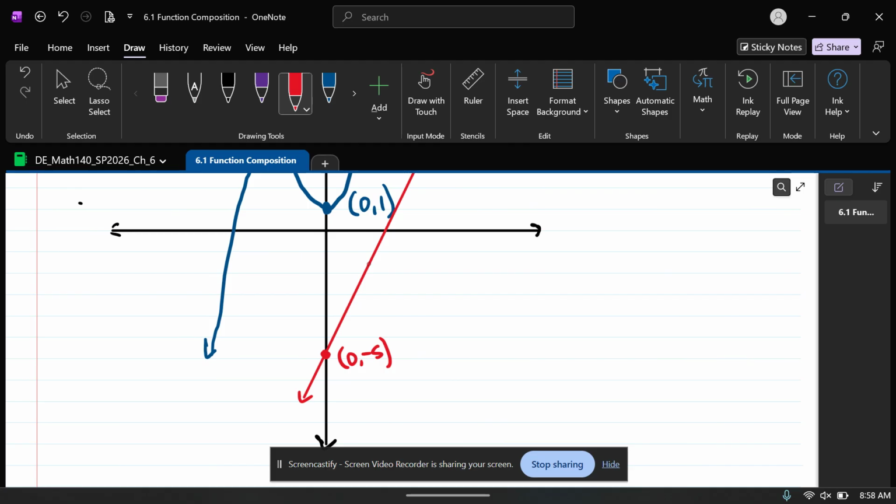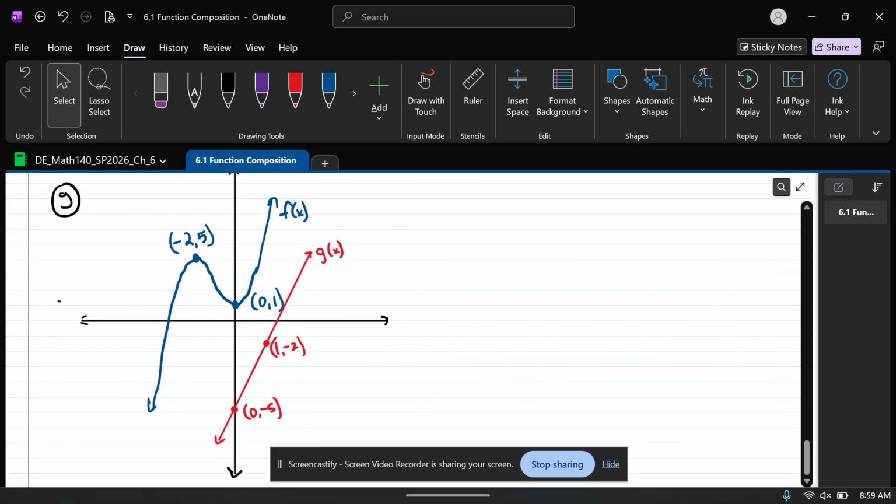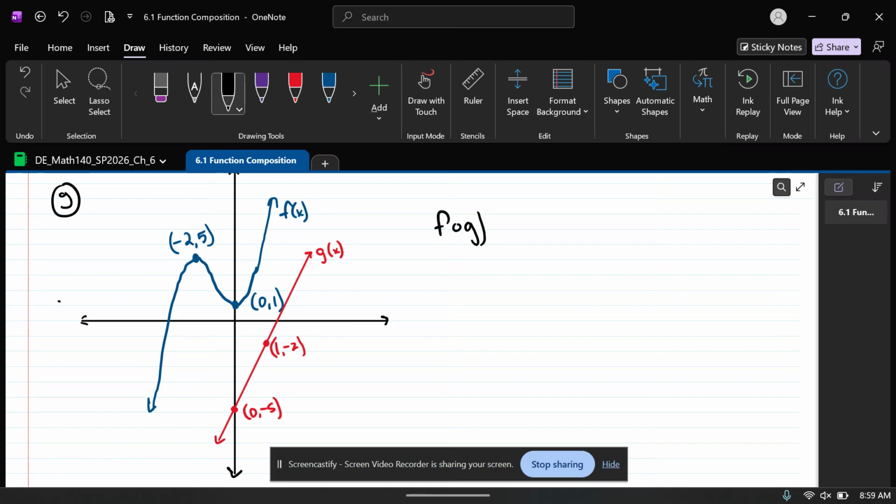And this is 1, -2. ACT gets away with saying this: pictures may not be drawn to scale. So mine is obviously not, but we get the idea. So we have a graph, and they want us to find f composed with g of 1.